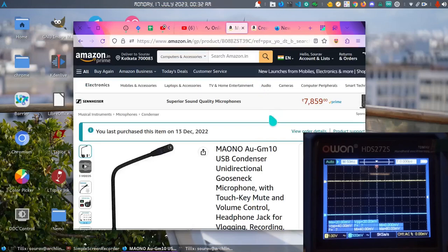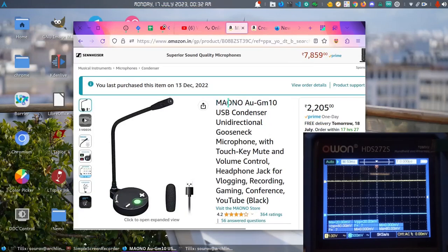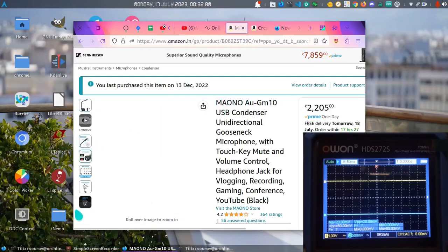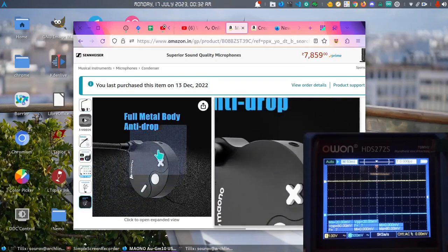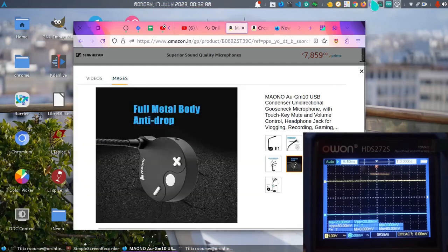And here we have the Maono AU-GM-10 microphone. Don't get me wrong, this is a microphone, but it also has a sound card built into it. If I check this image, you can see that we have a 3.5 mm audio jack, and from there you can get the sound output. The chipset this is using is not from Maono but from C Media Electronics.